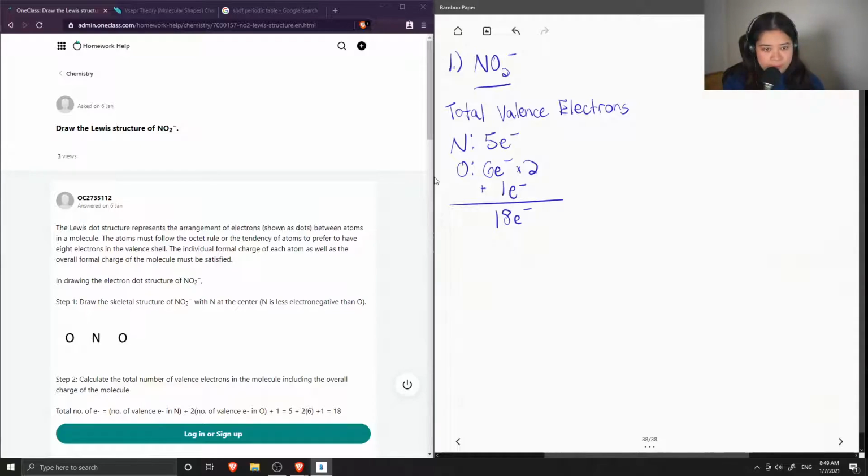Now I'm going to rearrange my atoms so that nitrogen is in the middle as our central atom. And then I'm going to draw 2 bonds to oxygen on either side. At this point, I would try to write in all of the lone pairs on my terminal atoms, so in this case, all of the oxygens.